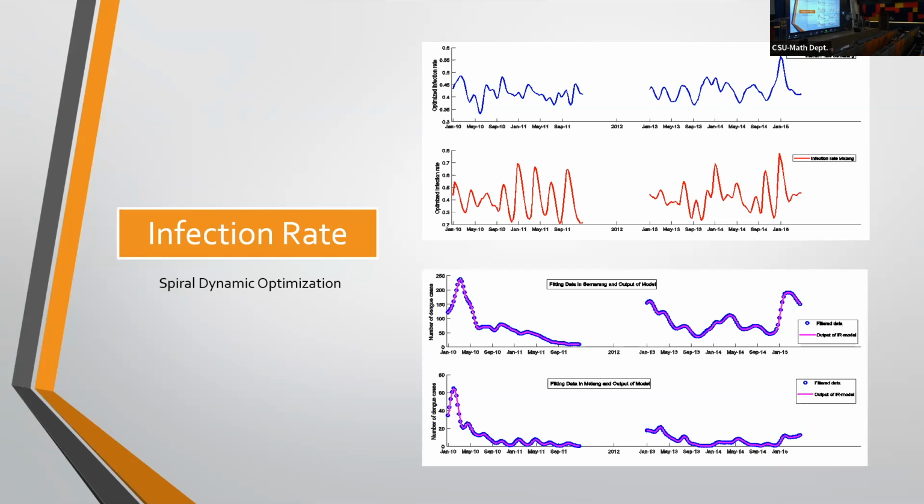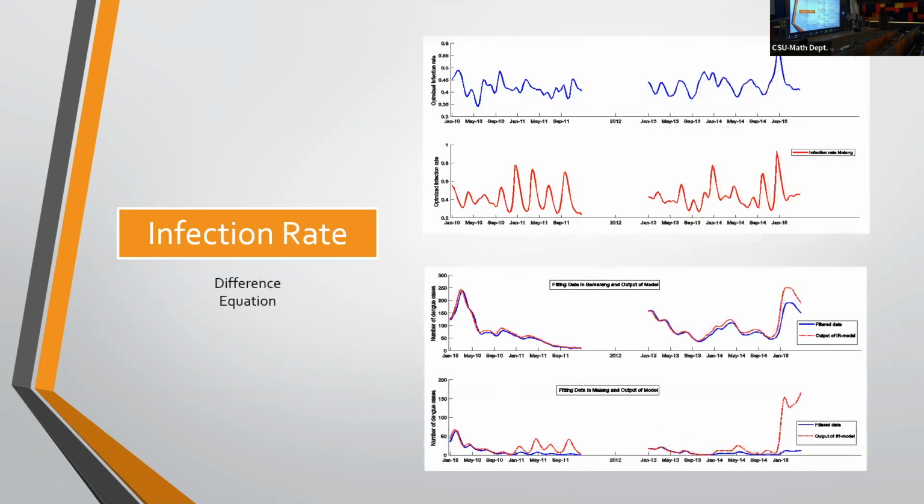So we plug the beta result into the model, and then we fit it with the data in the pictures below. Quite a nice result for infection rate based on spiral dynamic optimization.